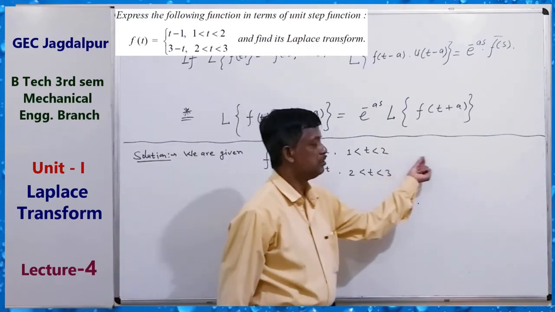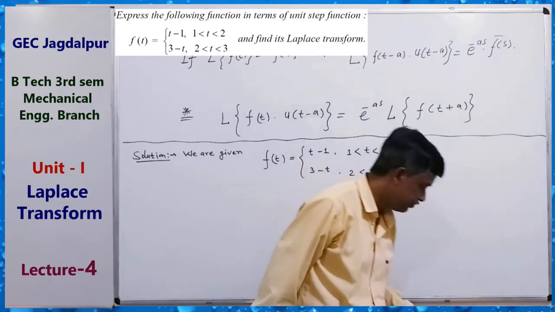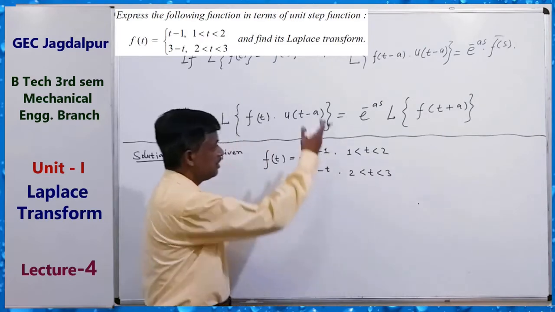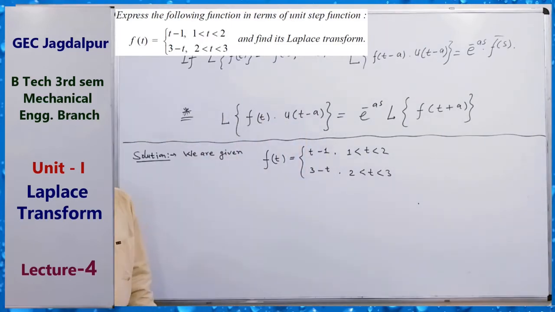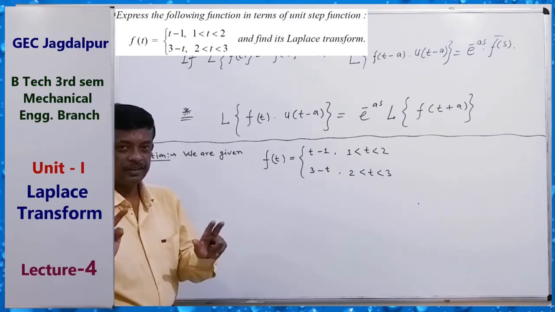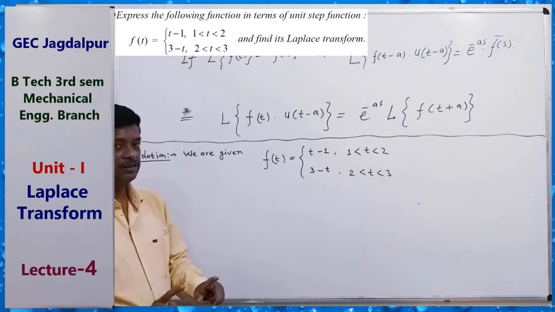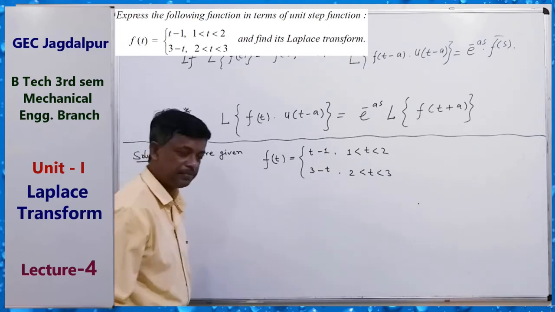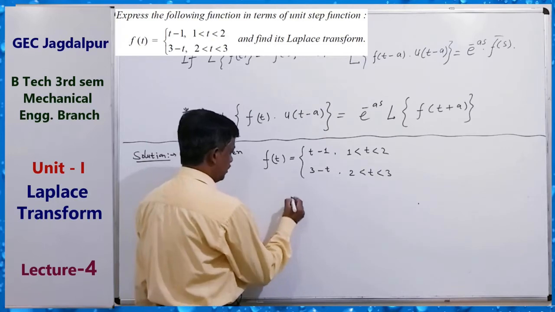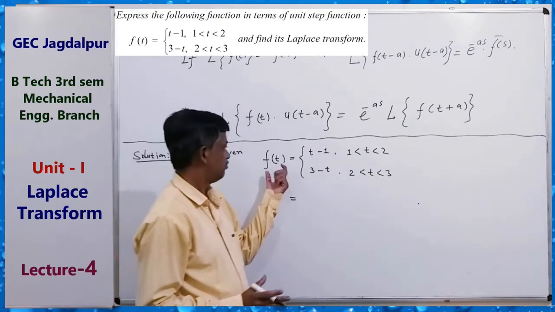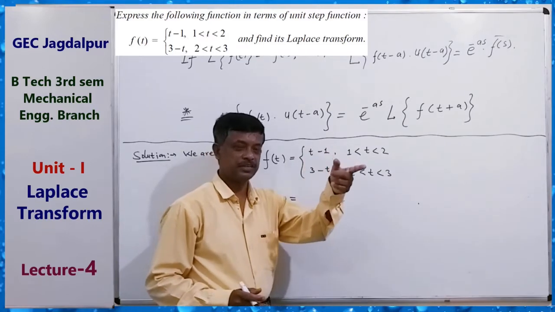and find its Laplace transform. So this is the given function. We have to first write it in terms of the unit step function, and then we will find its Laplace transform. We know how we convert it into unit step functions.